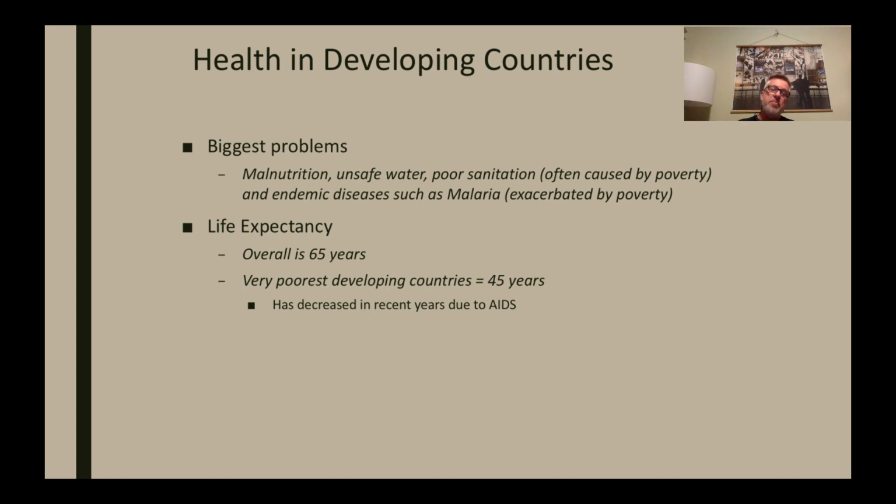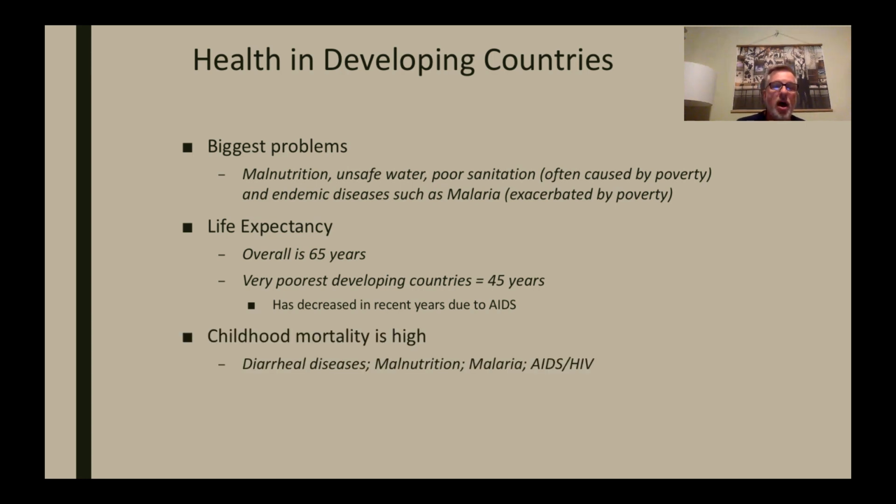And in the last 10 years, in many African nations, it dropped below 40 years, but has now rebounded as more widespread availability of HIV medicine has occurred. Childhood mortality is very high in developing countries, and this is due to things like diarrhea, malnutrition, malaria, and AIDS, HIV, which also has had a big effect on childhood mortality, especially in Africa.